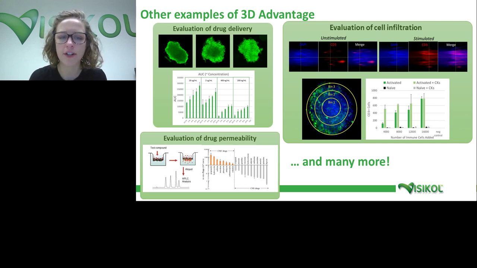And then on the bottom left here, I've given a slightly different take on the 3D approach, evaluating drug permeability in a blood-brain barrier model. It's a less 3D cell culture model, but you do still have some 3D context of looking at the transport of material in a cellular-based model rather than in a traditional approach.